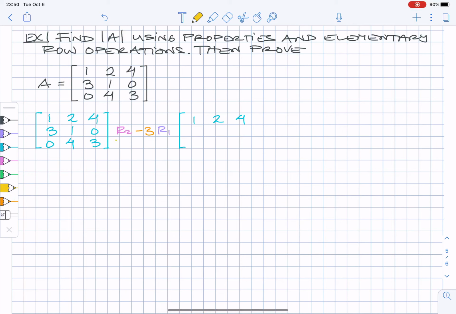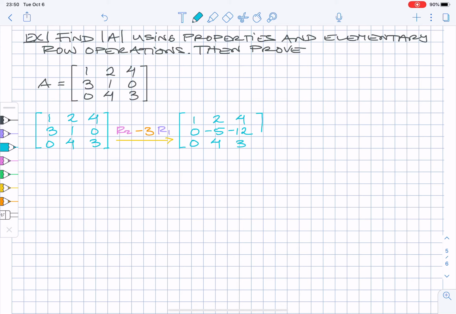Put it in yellow. Okay, so 3 minus 1 times 3 is 0. 1 minus 3 times 2 is negative 5. 0 minus 3 times 4 is negative 12, and row 3 remains 0, 4, and 3.